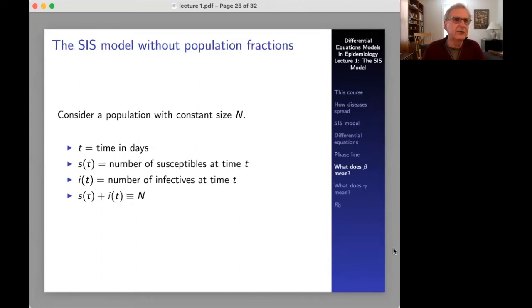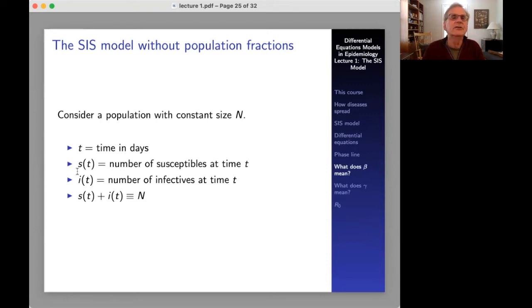And to understand what beta means, we need to forget population fractions and look at the SIS model without population fractions. So we're going to consider a population of constant size n. We're not going to consider births and deaths in the population. T will be time in days. That's what's usually used in epidemiology.